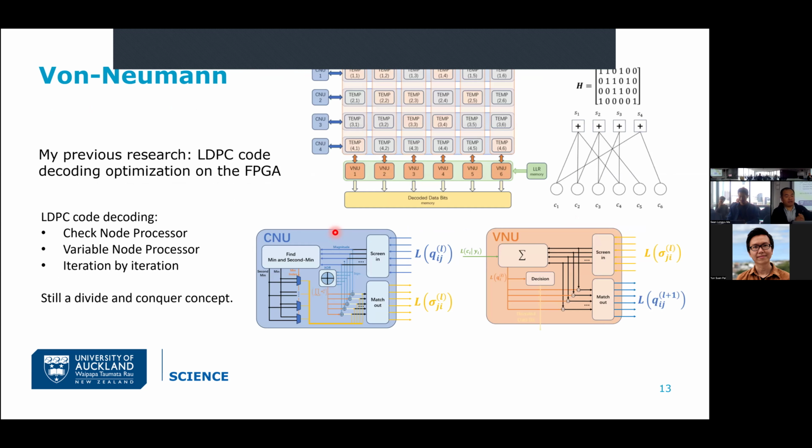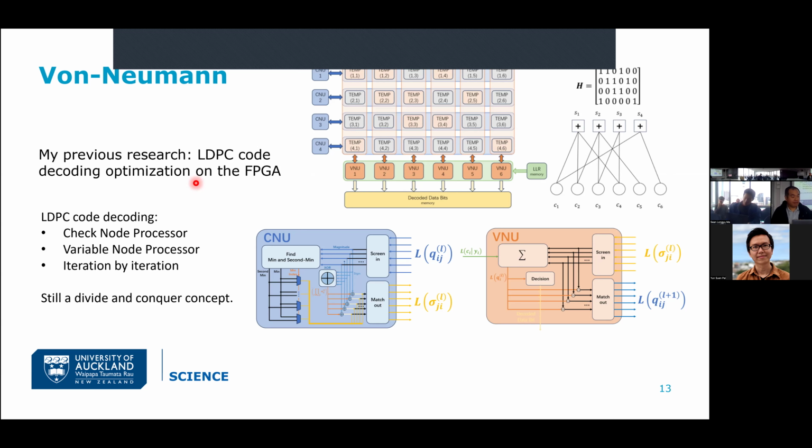Since we're talking about divide and conquer, I have to mention my previous PhD study, which was on decoding optimizations. There are a lot of graphs, but never mind, I won't explain in detail. Simply speaking, I was still using divide and conquer strategies to optimize my algorithms for those decoding tasks.